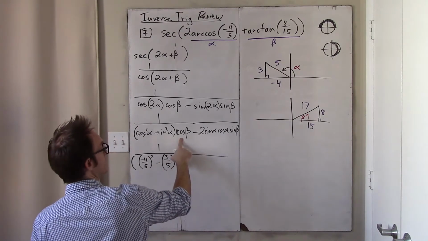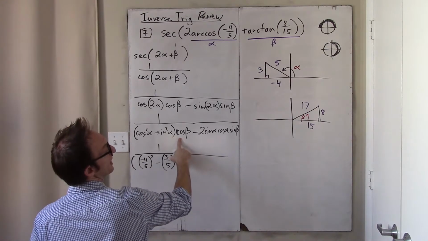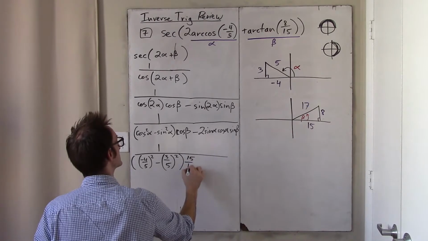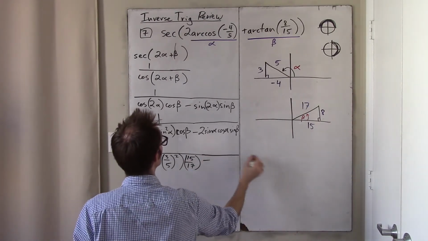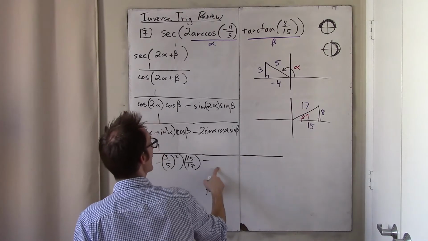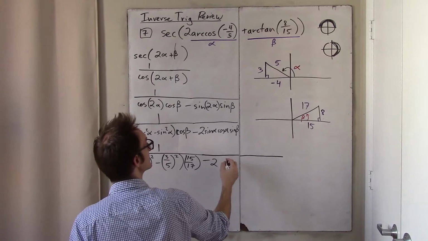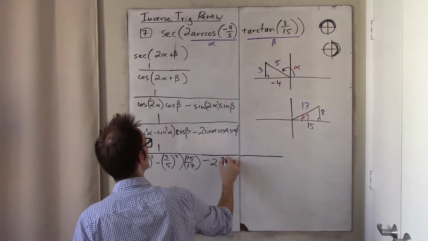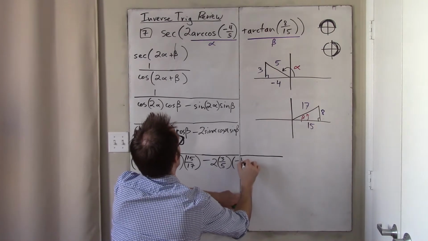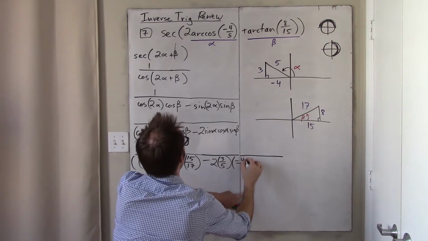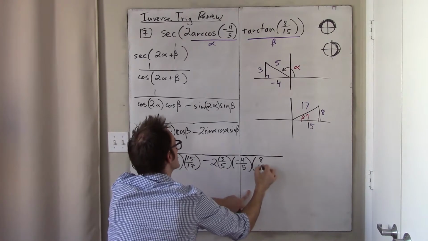Cosine beta is whatever it is, 15/17, minus, it's going to take up a lot of space, I see, minus 2. Sine alpha is 3/5, cosine alpha negative 4/5, and sine beta 8/17.